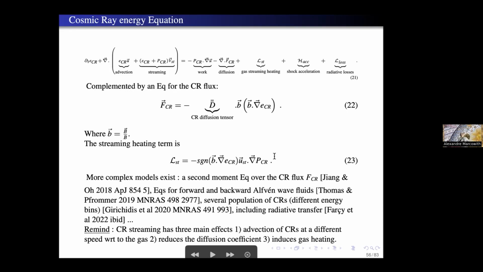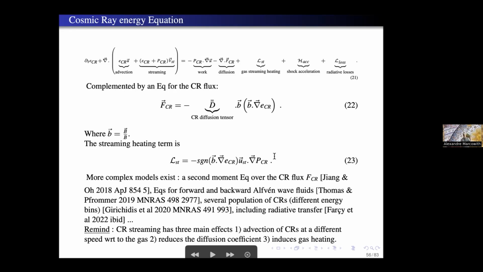Then you have a series of effects associated with the fact that cosmic rays can stream, can move at a speed which is different from the gas. This will induce some heating of the gas, and so loss for cosmic rays. You have a transfer of energy between cosmic rays and gas, and so this is a gas heating term. You have some source of cosmic rays through shock acceleration, which I presented before.